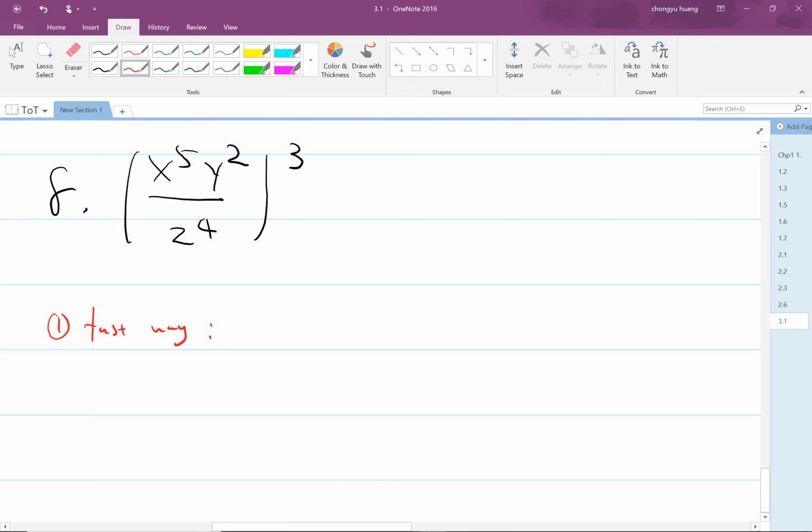Okay, so let me erase it. So let me first say the question. It's bracket x to the power 5 y to the power 2 over z to the power 4, right? Bracket everything to the power 3, right? So basically what we have to do over here is just something like this.